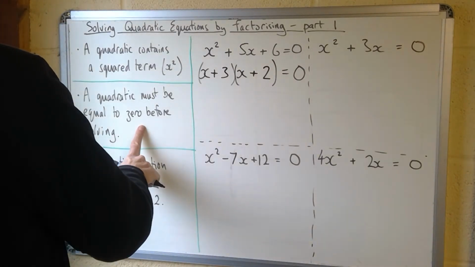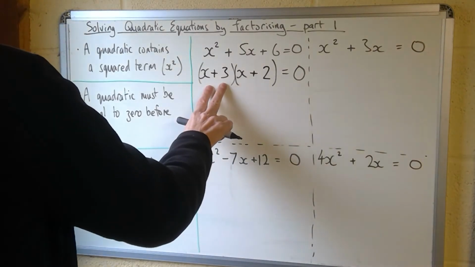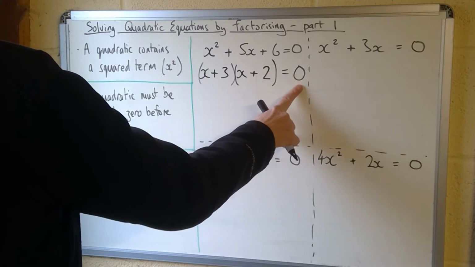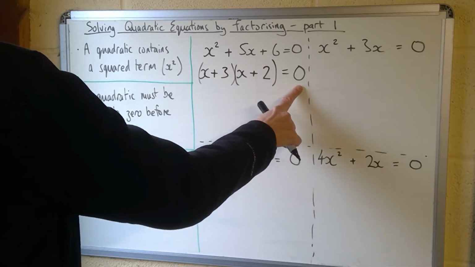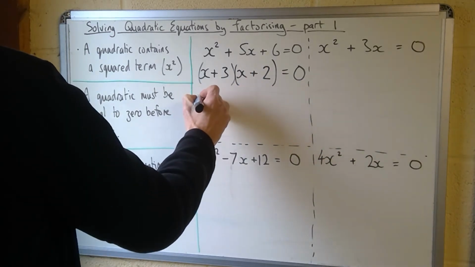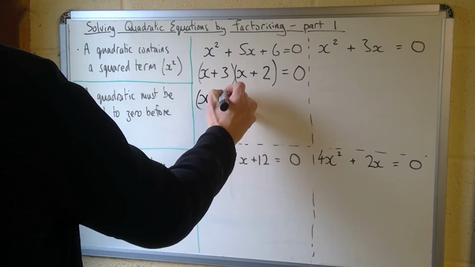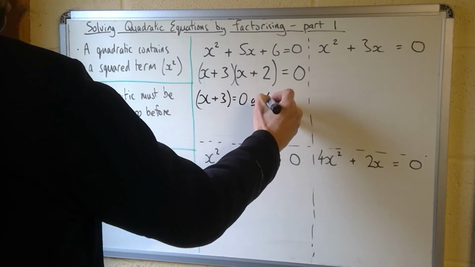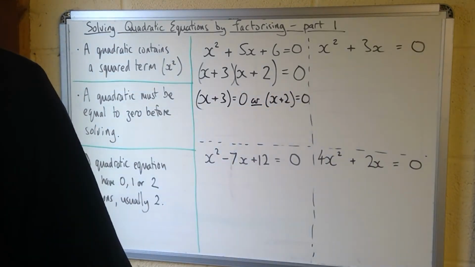The reason your quadratic must be equal to 0 becomes important now, because you've got this bracket multiplied by this bracket, which equals 0. When you multiply two numbers together and you get an answer of 0, one of them must be 0. So we can say on the next line of work that either this bracket, x plus 3 equals 0, or this bracket, x plus 2 equals 0.